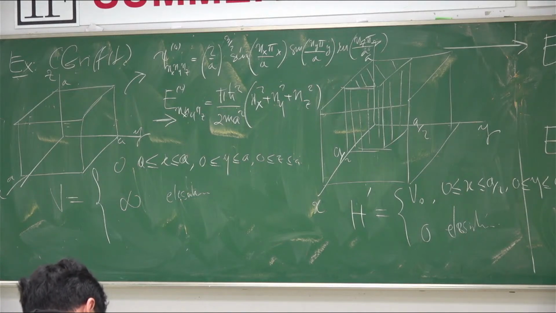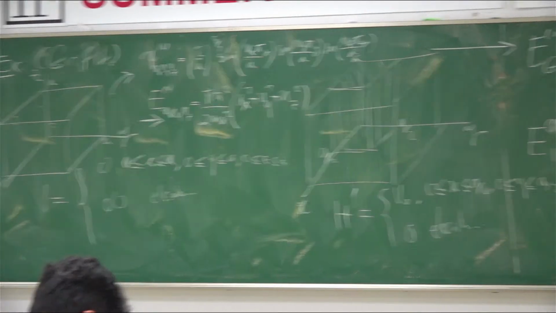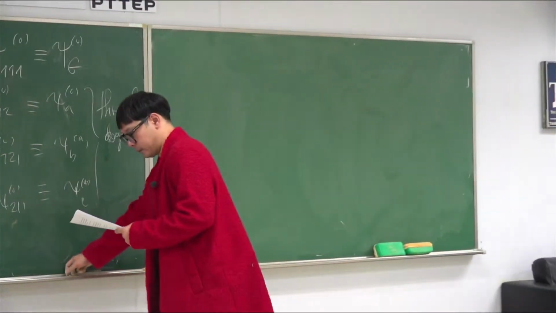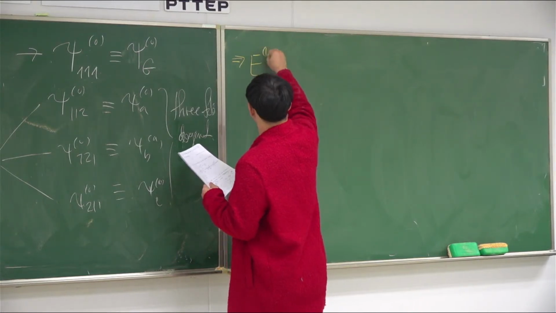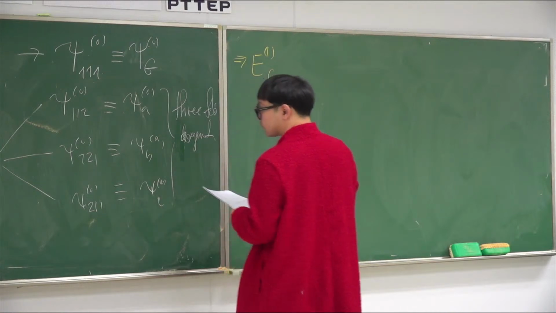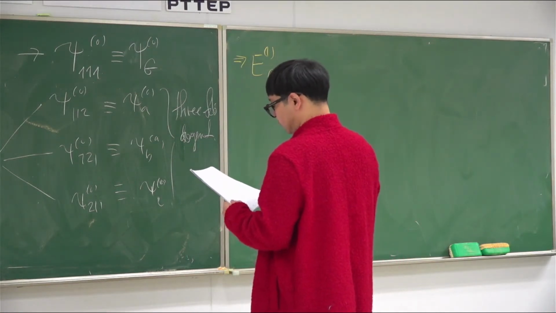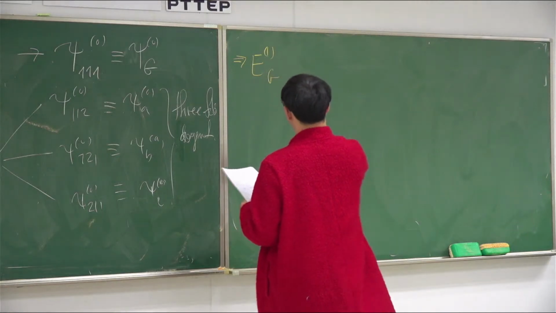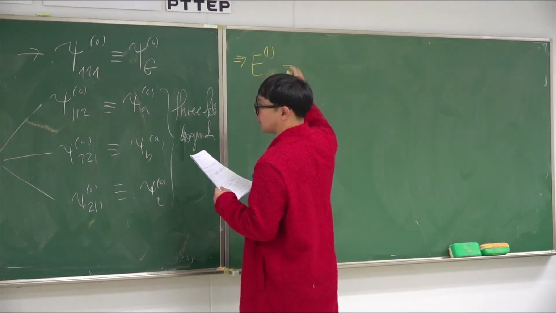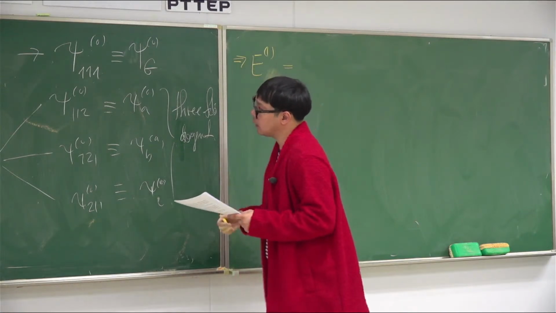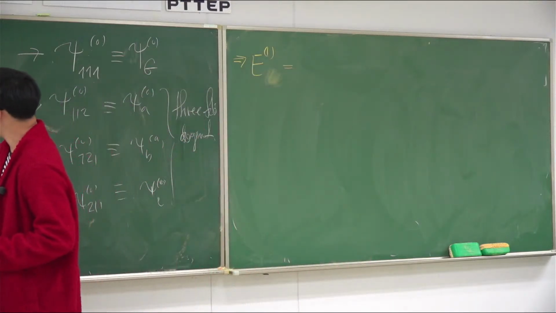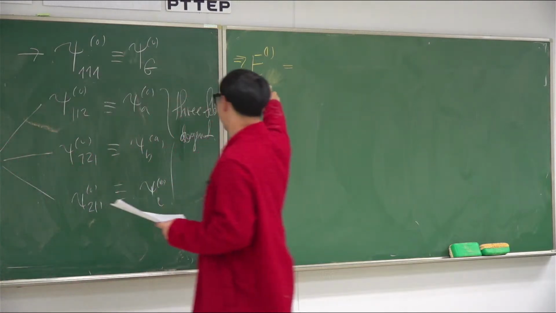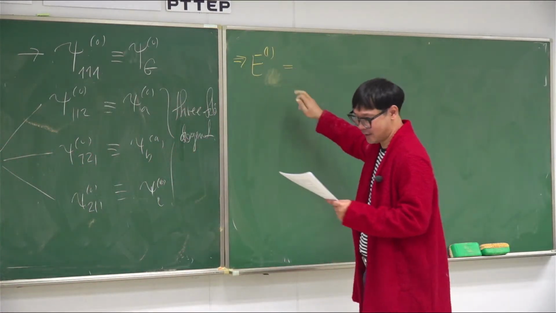Because the first excited state has degeneracy, right? And then we need to see the first order here. Be careful, this is the unperturbed energy of the first excited state. This is the first order correction.